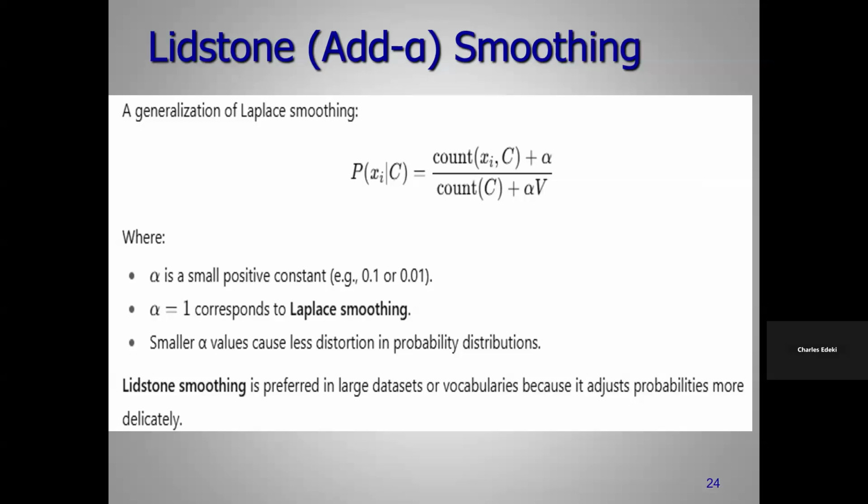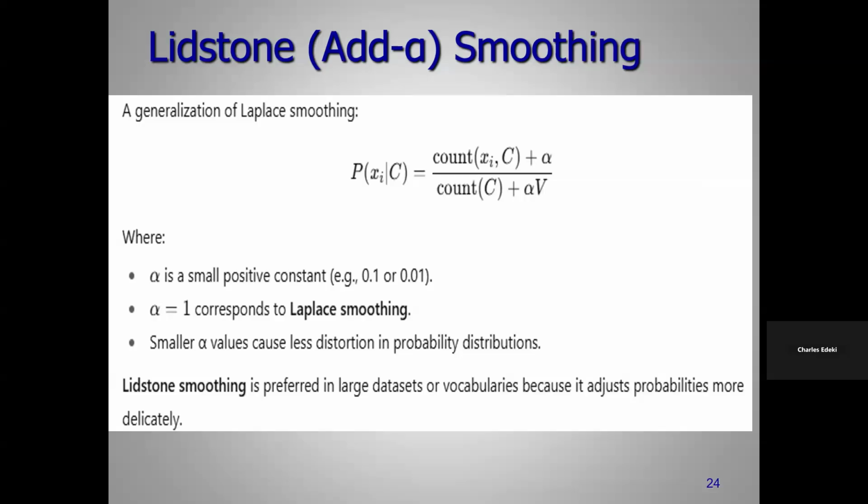Alpha value has to be between 0 and 1. Actually, it shouldn't be between 0 and 1, sorry. If it's 0, then we have 0 plus 0. It has to be a value that is greater than 0, and less than or equal to 1.